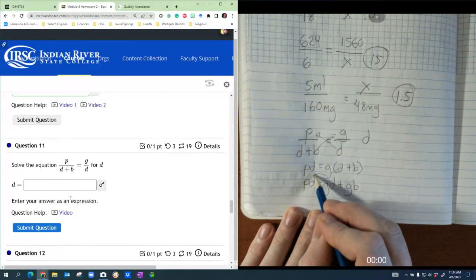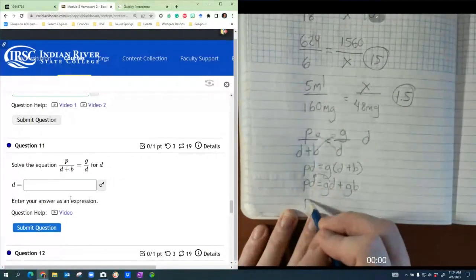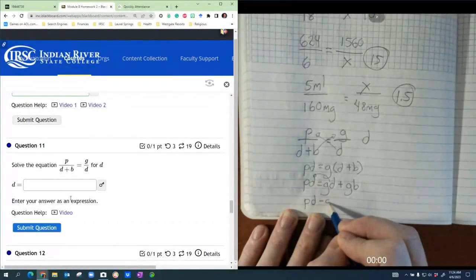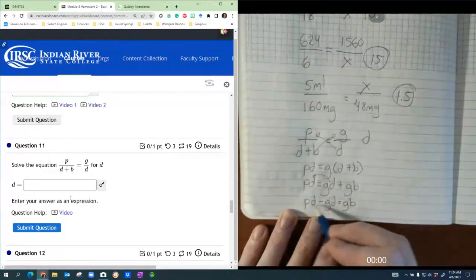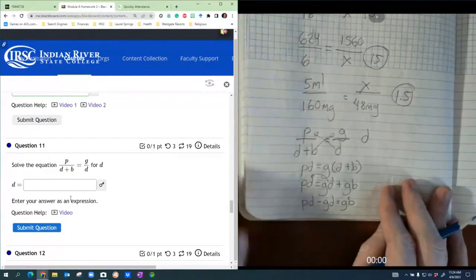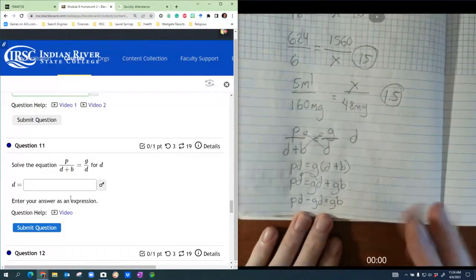And then I'm going to bring this over to the other side. And then I'm going to factor out a D because D is in both of them.